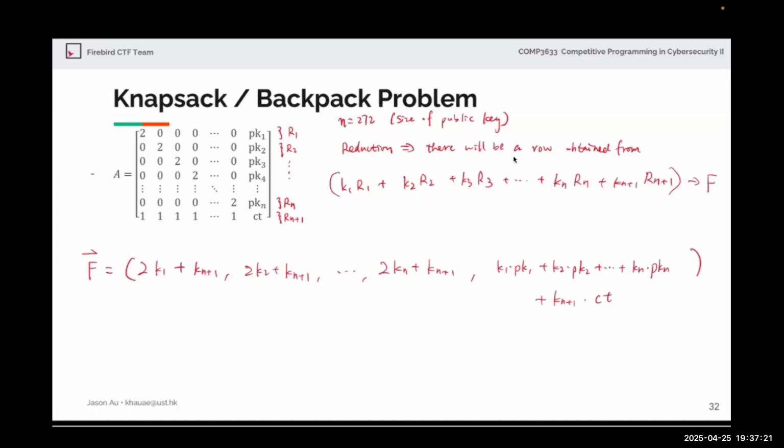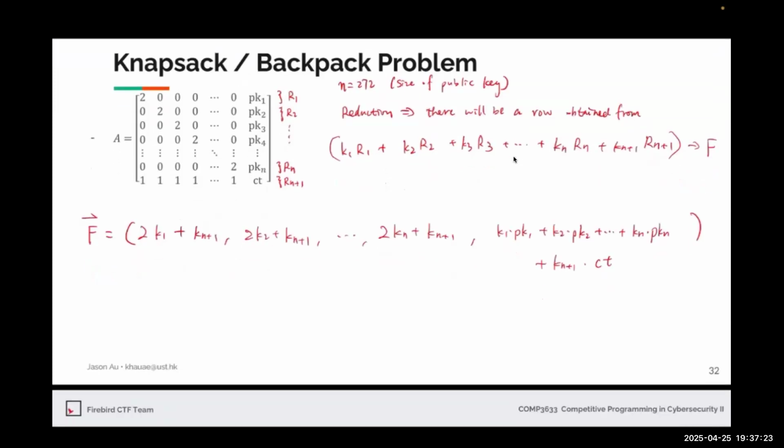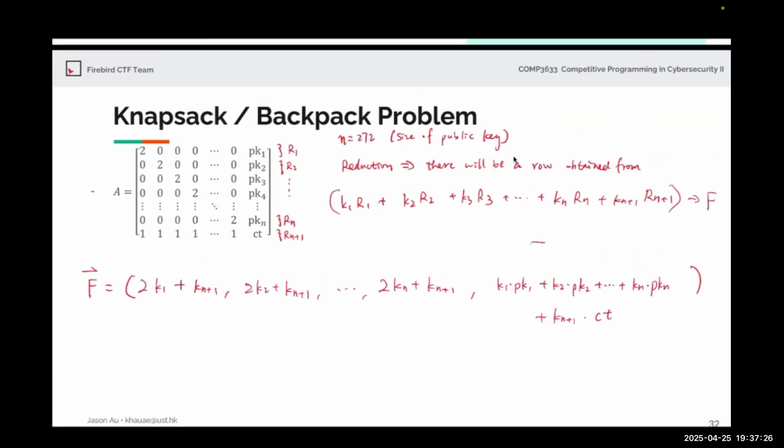So we can use a summation sign to conclude these things. So this is i equals 1 to n, Ki times public key i. Okay, so we can use this to replace this. So let's just erase this one plus this one.